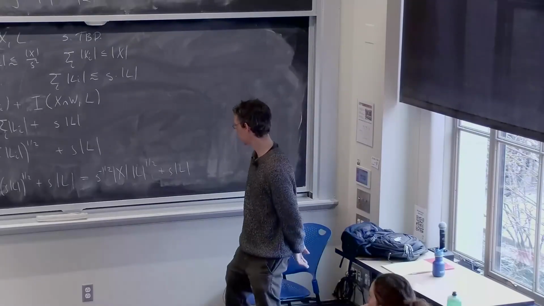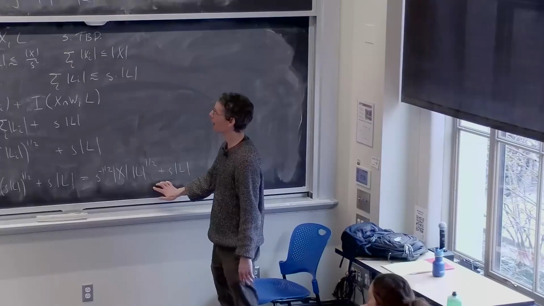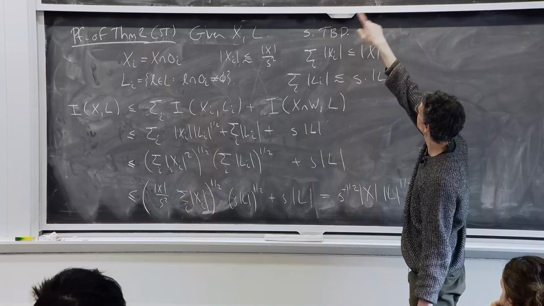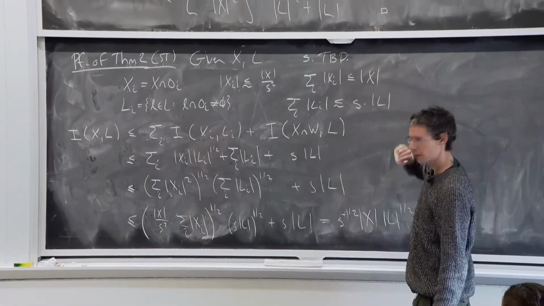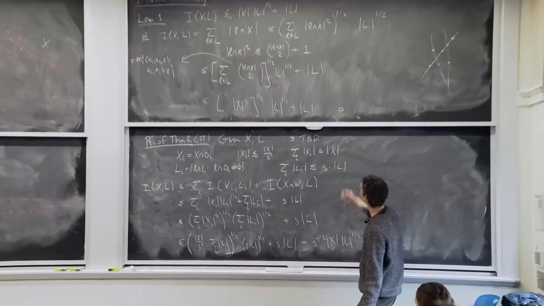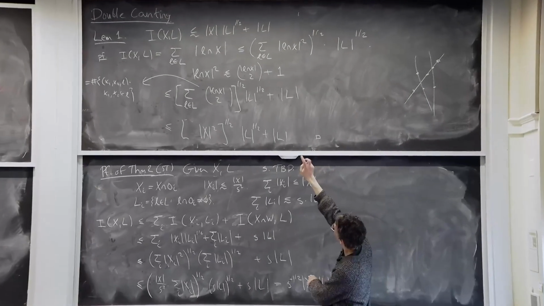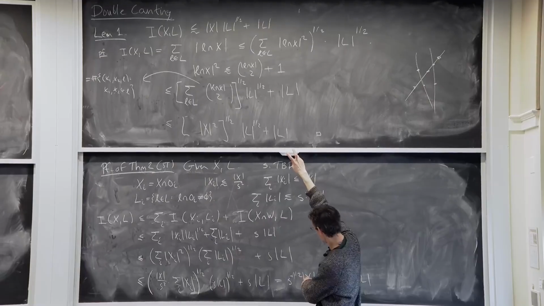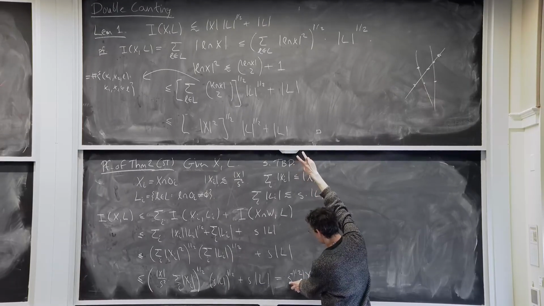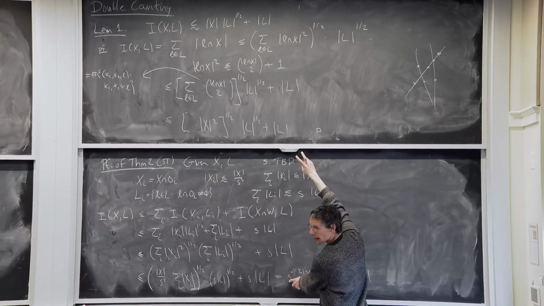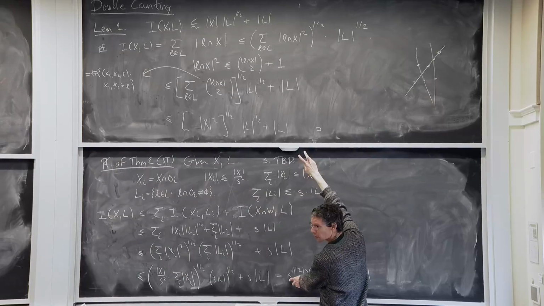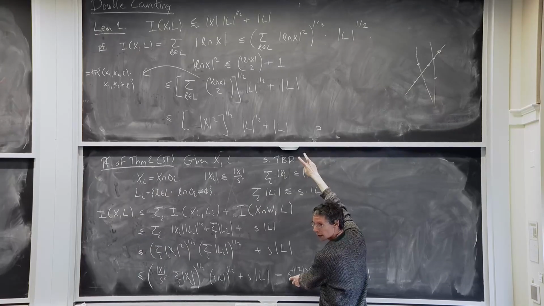OK, so let's take stock of the bound that we got and how it compares to the double counting argument. If you compare this to the double counting argument, the terms sort of match up. So in the double counting, we have x L to the 1/2. And that first term gets decreased by s to the minus 1/2 when we introduce our cutting.